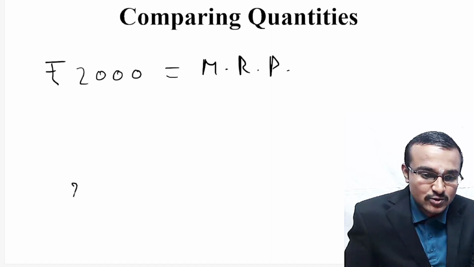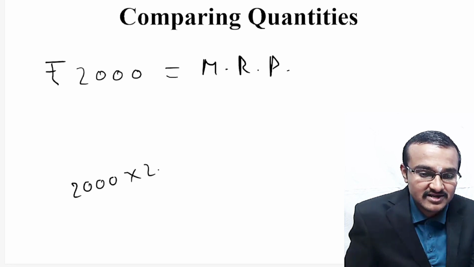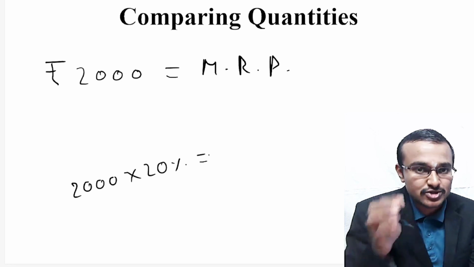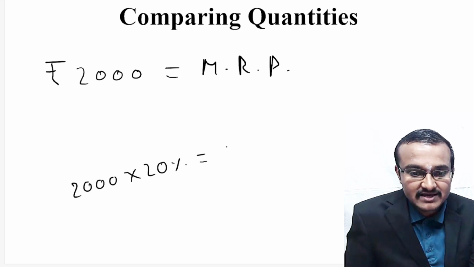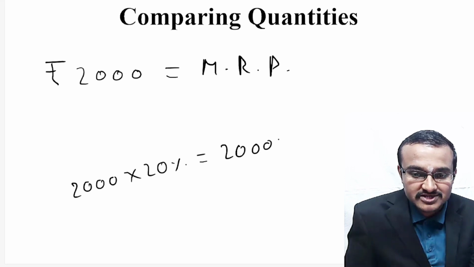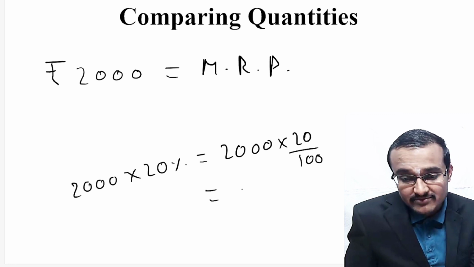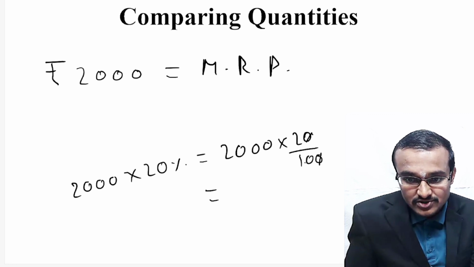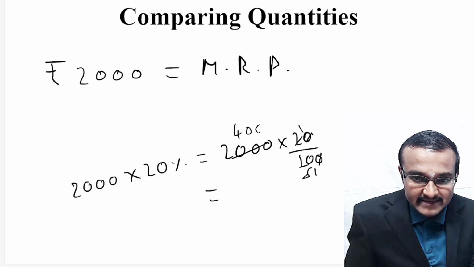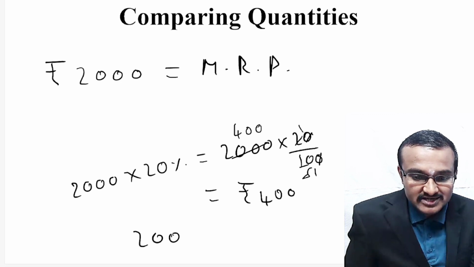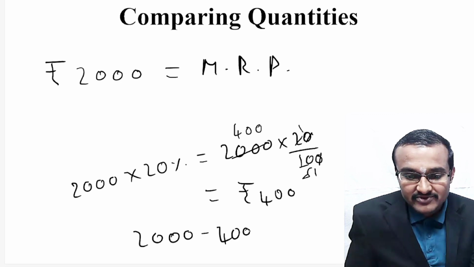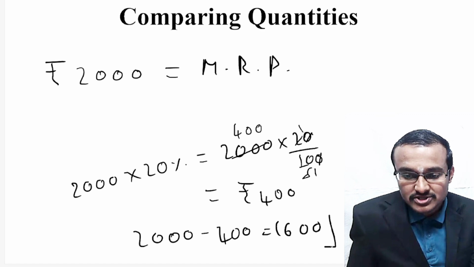After taking 20% discount on this 2000 rupees MRP, he has got this for 2000 into 20 by 100. 0 gets cancelled. 2 ones are 2, 2 fives are 10, so 20 into 20... so 400 rupees he has got as discount. So 2000 minus 400 will be 1600.